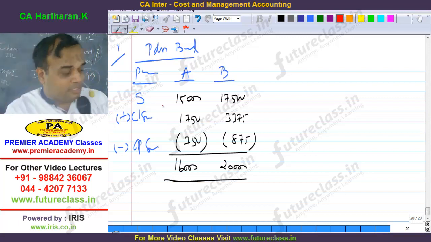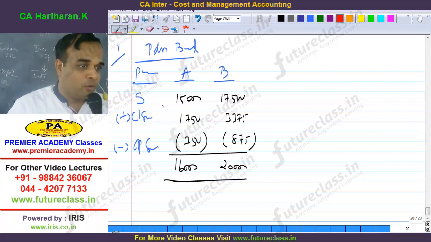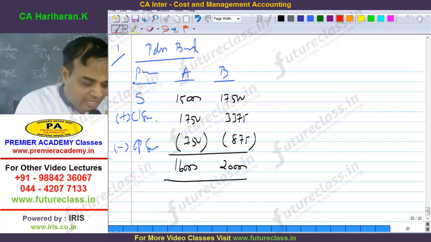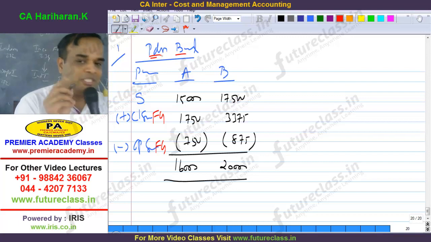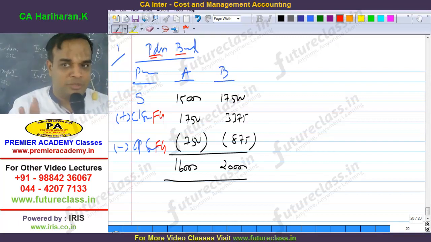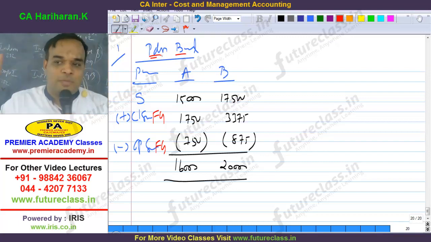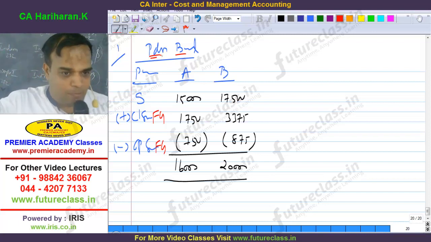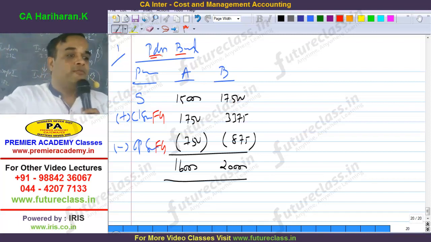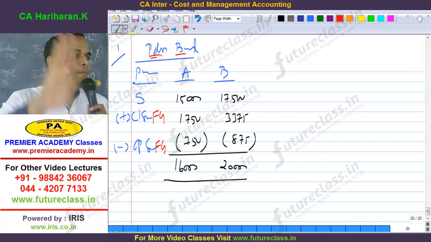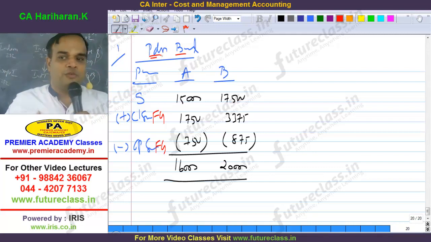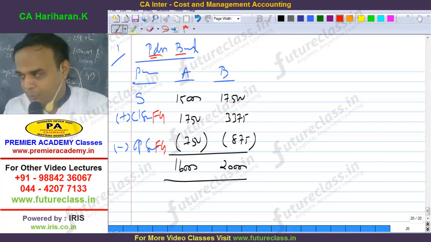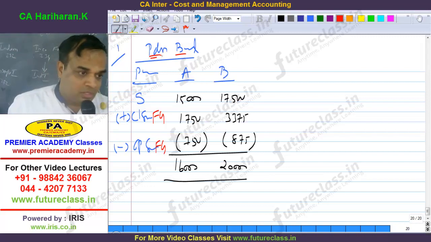They won't bother whether it is finished goods or raw material. Therefore, whenever you write the answer, always write closing stock of finished goods and opening stock of finished goods, because it's a production budget, production of finished goods. Therefore, what is the format for the production budget? Sales plus closing stock of finished goods minus opening stock of finished goods. Therefore, chances of committing mistakes can reduce. Are you with me?